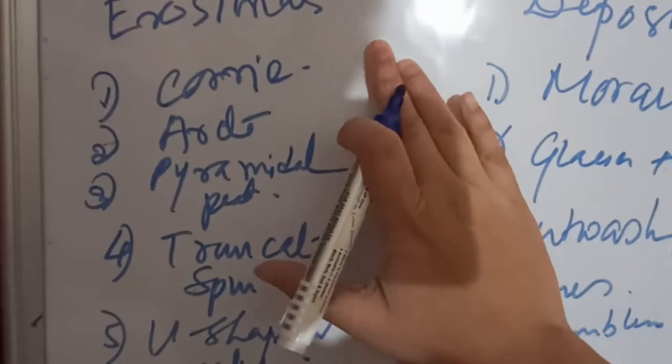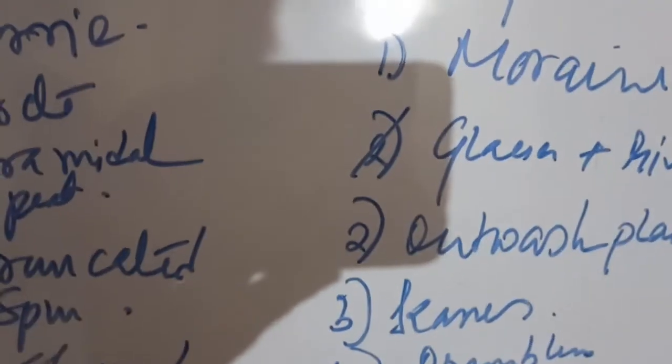So this is in a nutshell the features that we found under the heading of erosional landforms and depositional landforms. So this is all about the features of the work of the glaciers. I'll continue with the rest of the portion in the next video, and thank you.